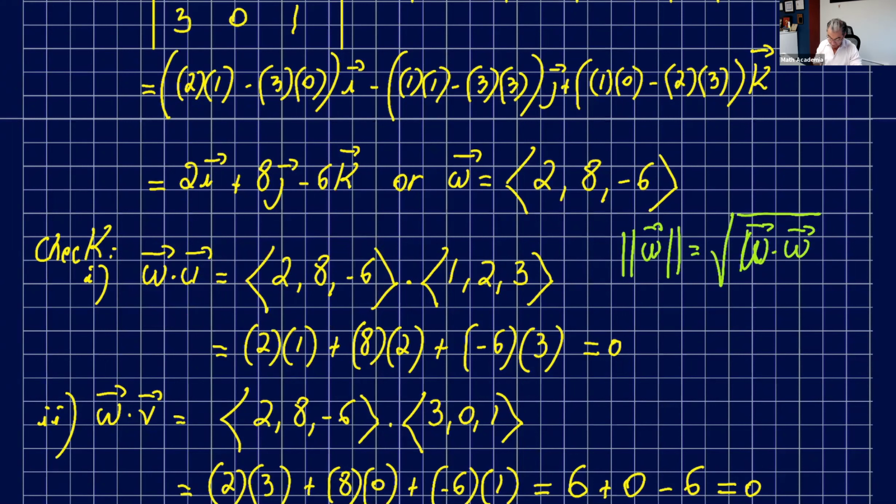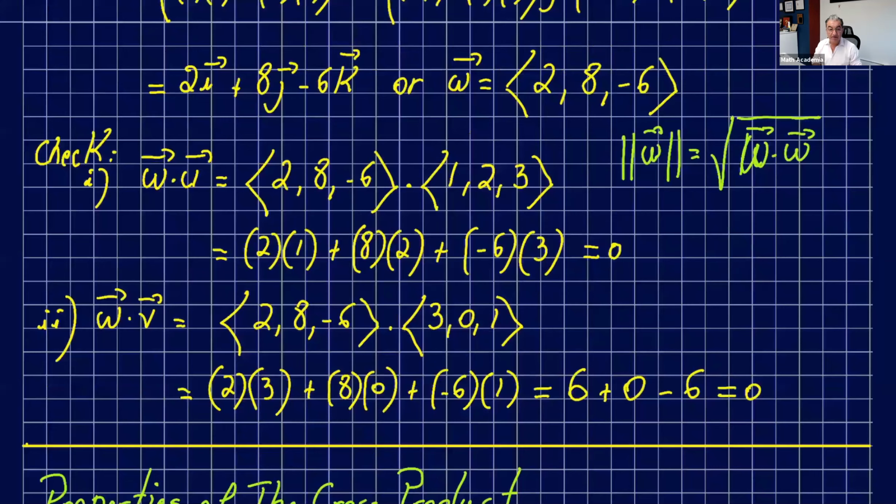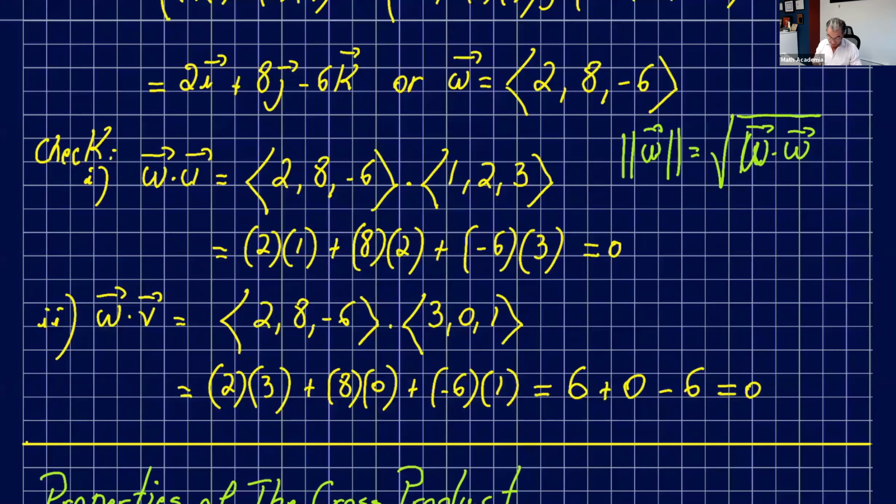If you do the dot product, 2 times 1 plus 8 times 2 plus -6 times 3, and you get 0. Same thing with v. If you do the dot product with v, you are going to get also 0.